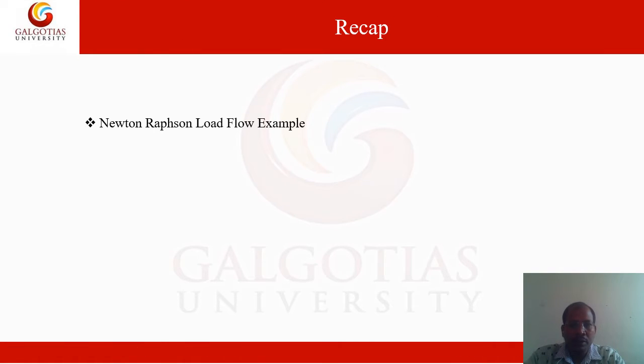In previous lectures we already discussed this and also took one example, the 4-bus system, to which we applied the Newton-Raphson load flow method. During the calculation we found two complexity problems. One is computational efficiency, meaning the computational time is too high, because each iteration takes the same computational time.